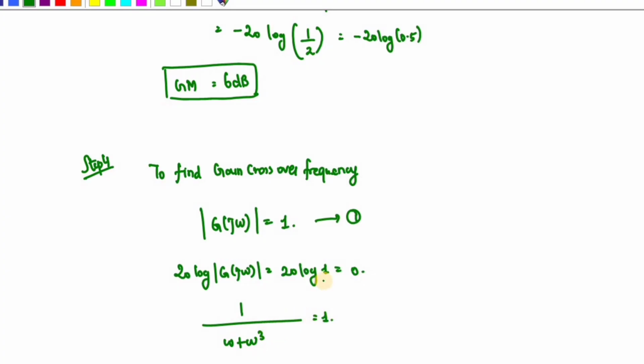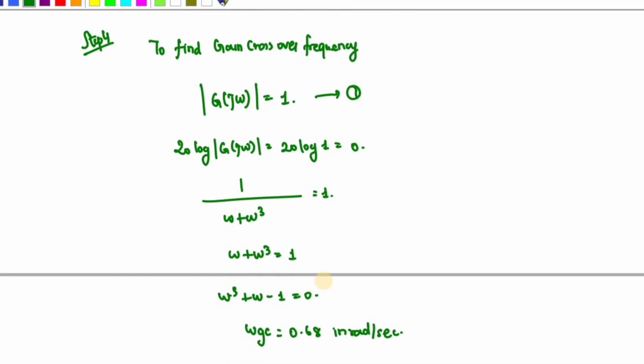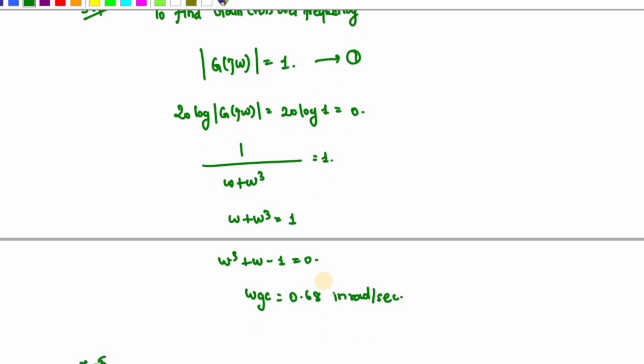You can go to the calculator and easily find it out, so let me discuss that one later. If you solve the value, you will get omega GC is equal to 0.68 radian per second.